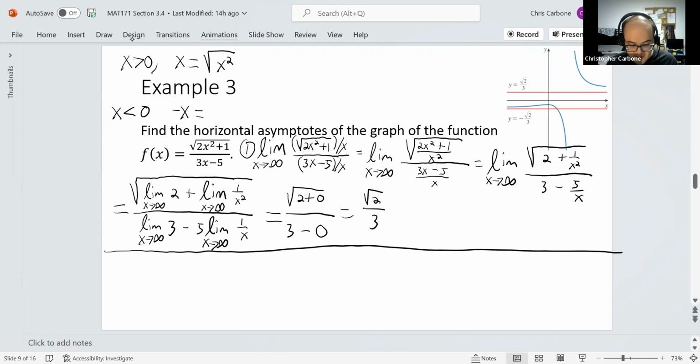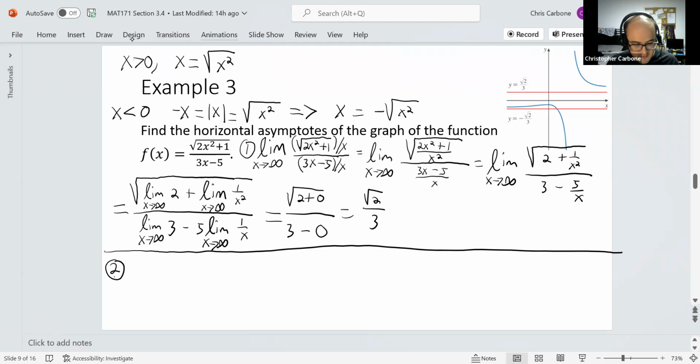We could express that as the absolute value of x by taking the absolute value of negative x. This gives us the square root of x squared, and we could slightly manipulate that to say that x is equal to the negative square root of x squared, which would then be used in this next limit calculation.